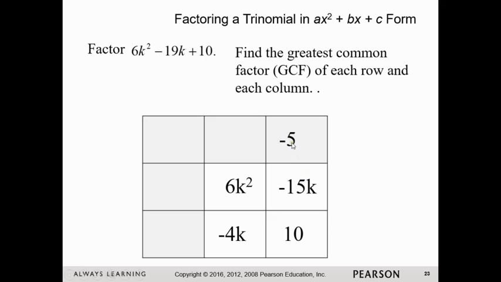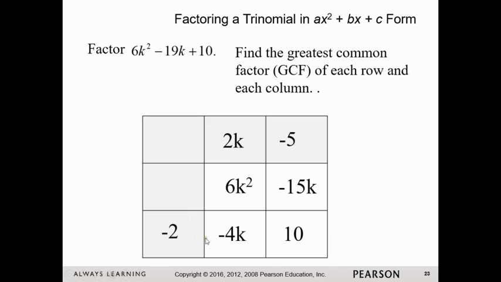By the way, and I'll emphasize this a little bit later, I take the sign of the term closest to the outside of the box. In this case, it's -15k, so we take on a negative sign here. Now we took out the greatest common factor of this column between 6k squared and -4k, which is 2k.